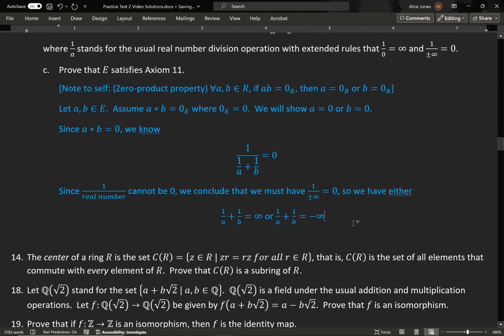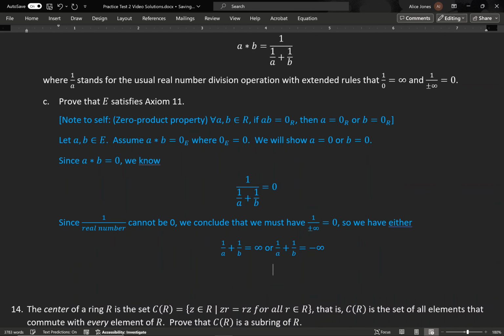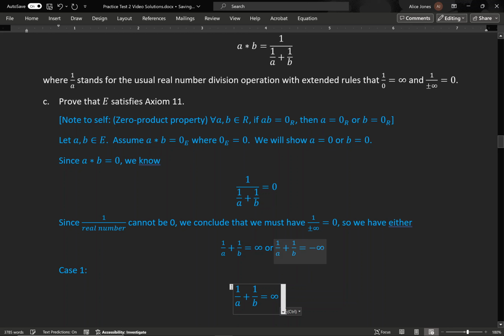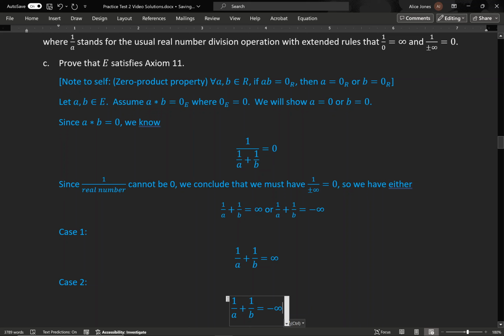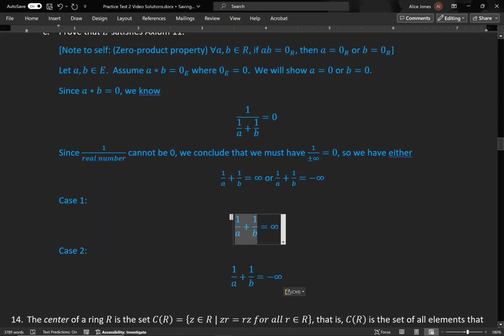So we could do a case 1, case 2 type of situation. Let's do case 1, this one, and then case 2 will be this one. If case 1 is 1 over A plus 1 over B equals infinity, remember our goal is to show that either A or B is 0. So now we have to ask ourselves, how can we solve this for A or B?